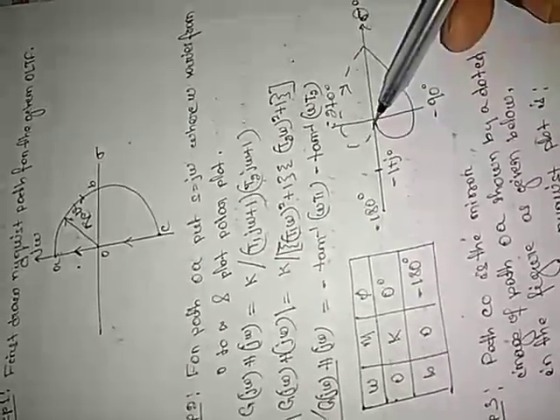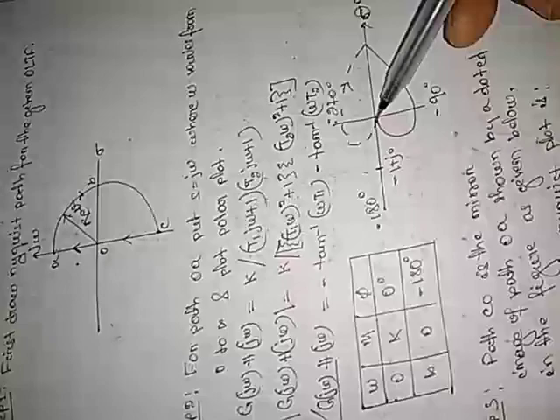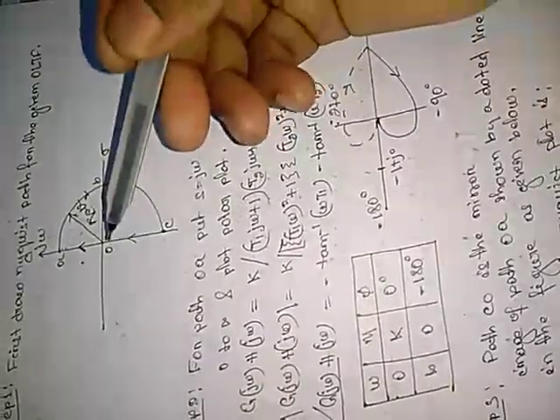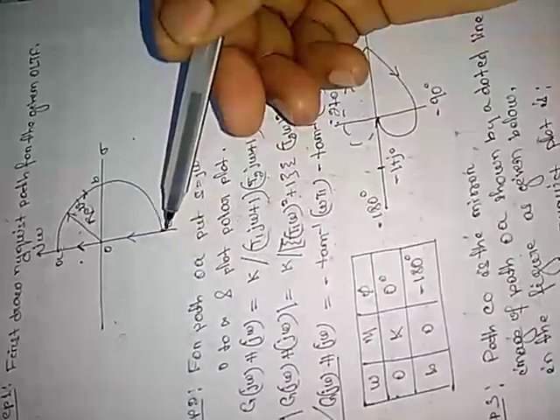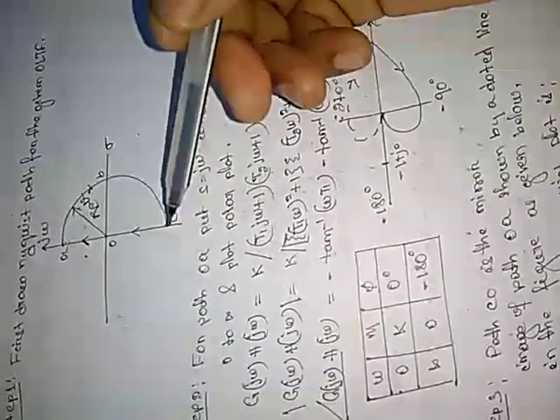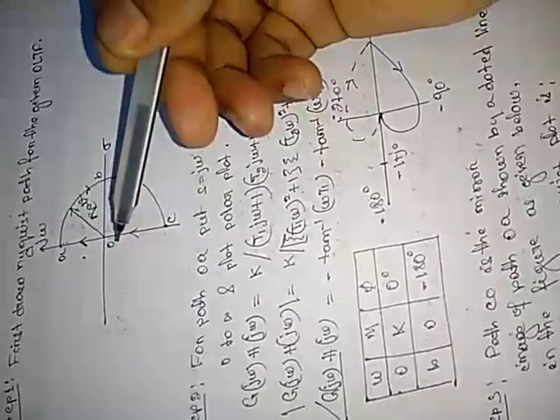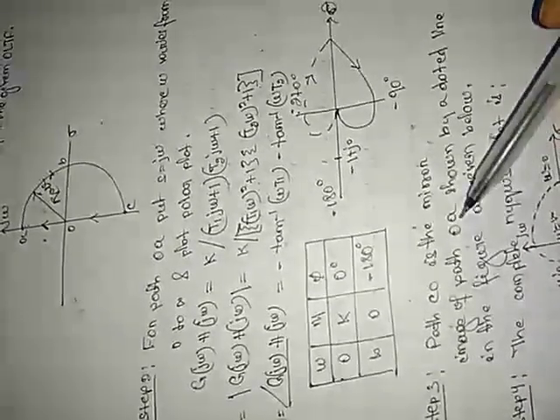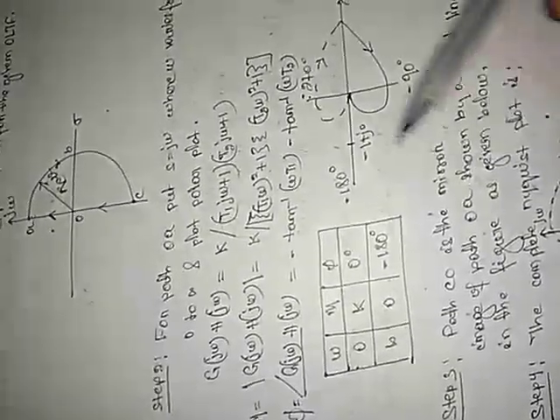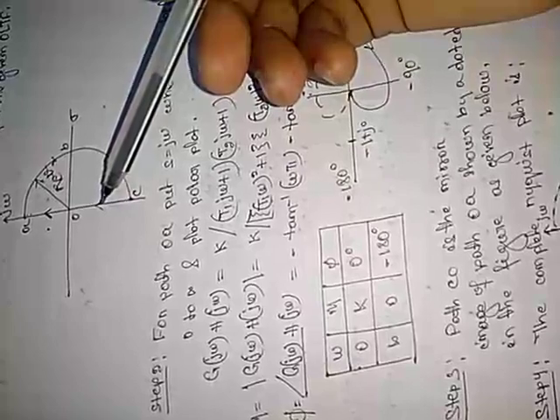Once you complete this path, there is no need to find the path for CO, because CO is the mirror image of OA. So you just write the comment that path CO is the mirror image of path OA, where omega varies from minus infinity to 0.